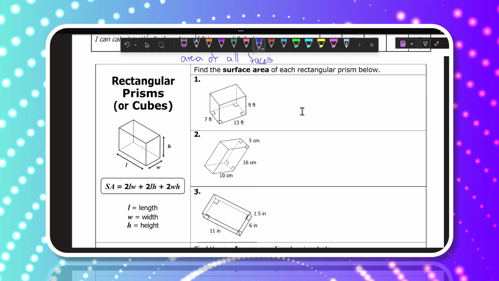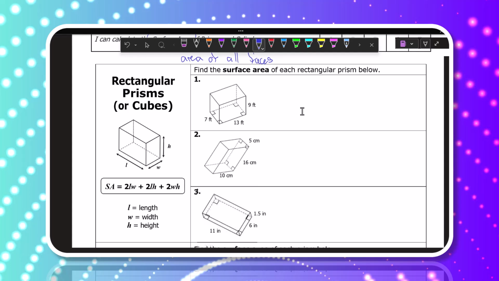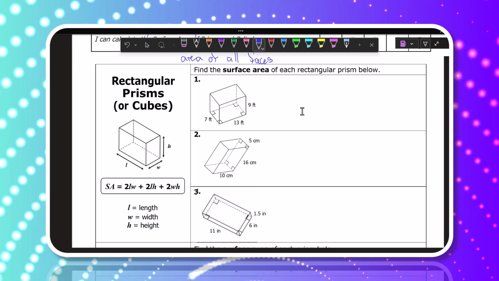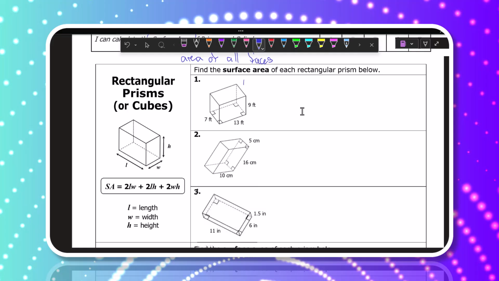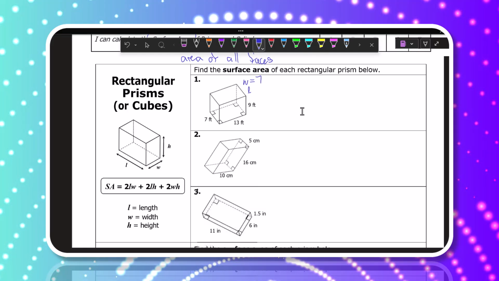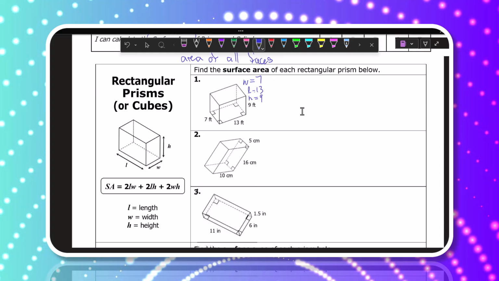So for number 1, it doesn't really matter what the height, the length, and the width are, but just for argument's sake, let's make the width be 7, the length be 13, and then the height be 9.